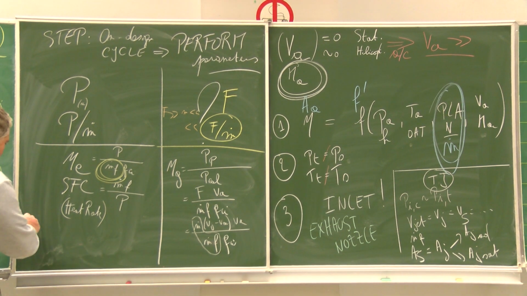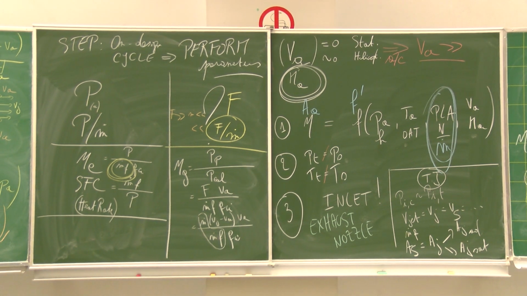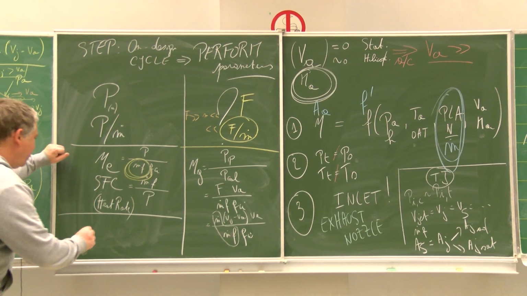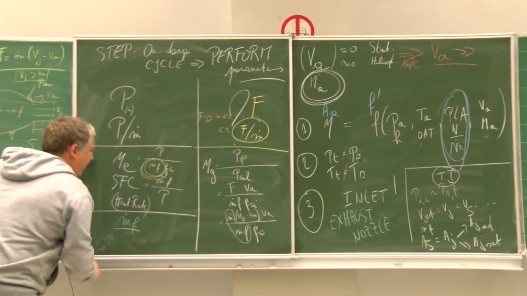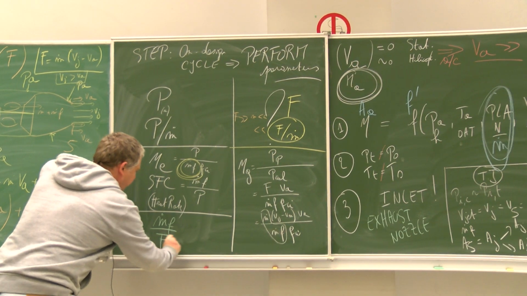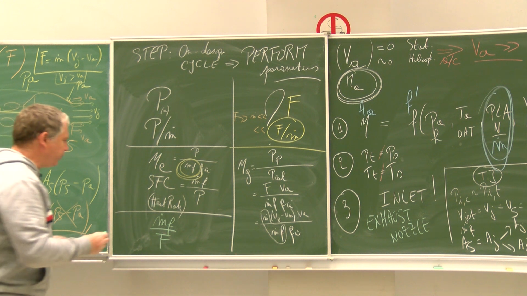So, how could you introduce a parameter like the SFC? You see that you could say, I take m dot F divided not by P, but by the thrust. This is by pure analogy that you would have that.